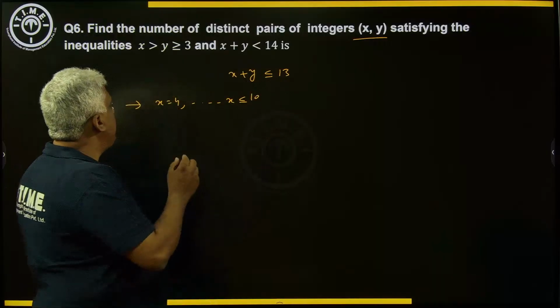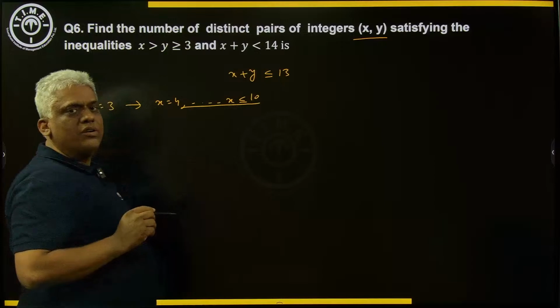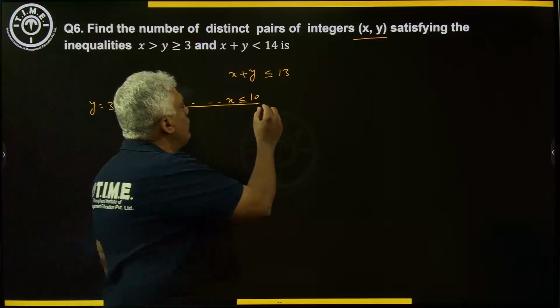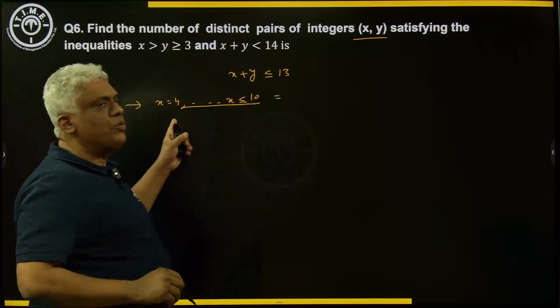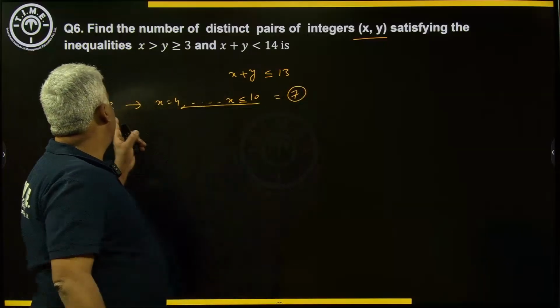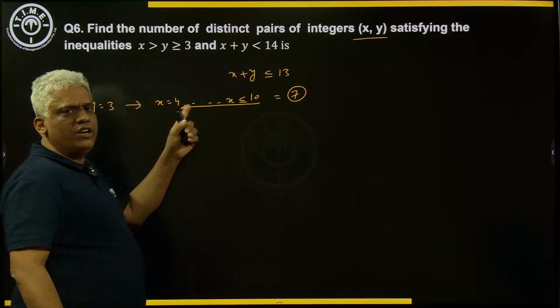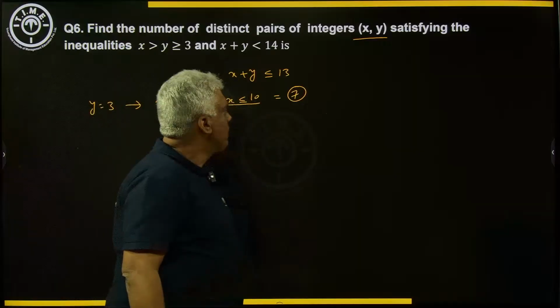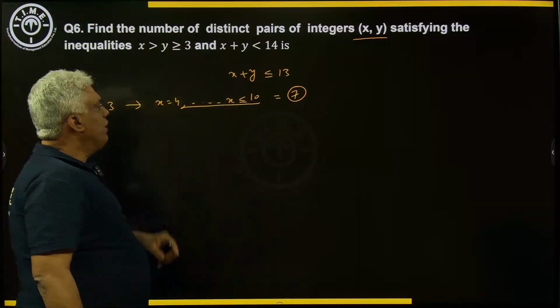That means x can be 4 till 10. 10 minus 4 is 6, plus 1, 7 values. So there are 7 solutions here: y is 3, x is 4, 5, 6, till 10.